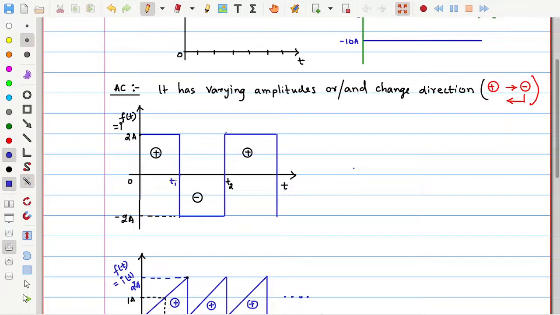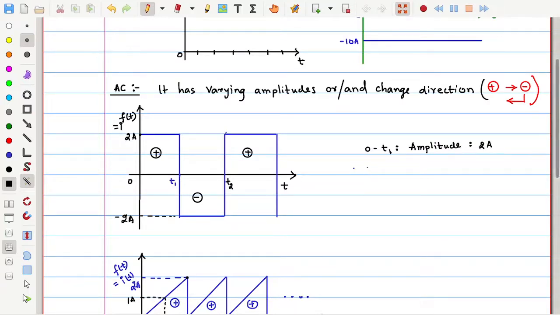I will give you later on what the T1 values and T2 values are, just to demonstrate that from 0 to T1 the amplitude is 2 amperes.